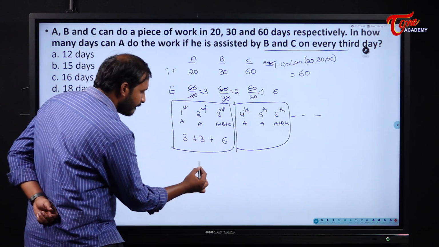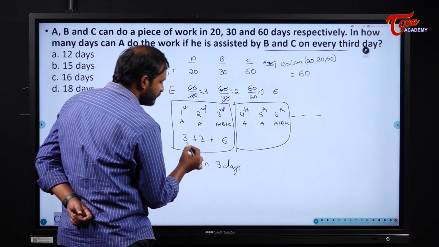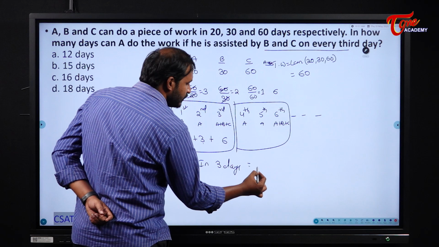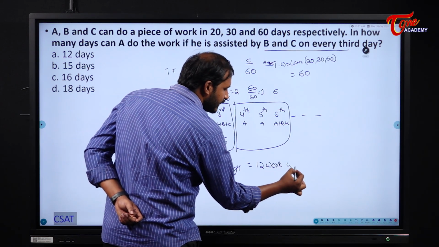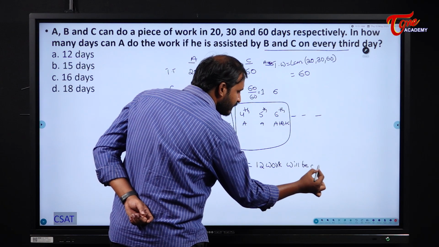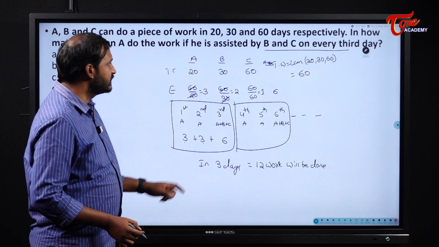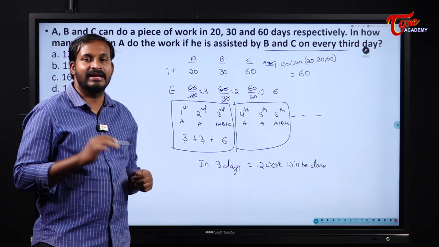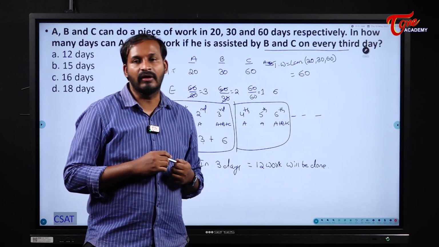See here, in 3 days, how much work is finishing? 12 work will be done. Okay. Now what is my total work here? 60. Luckily here, 60 is a multiple of 12.